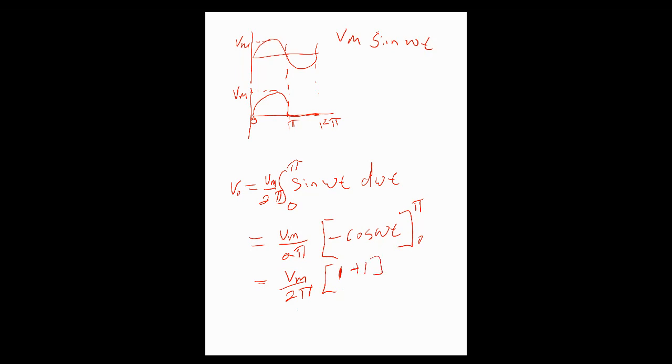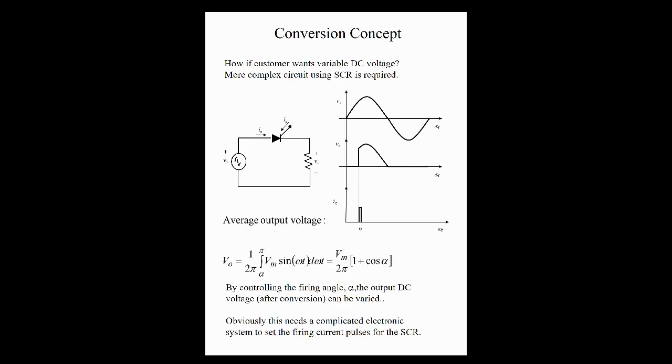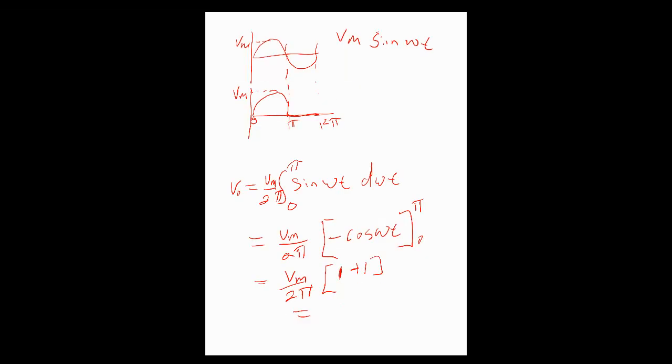So what we have here is Vm over 2 pi times 2, so the 2 cancels. Average output voltage is Vm over pi.